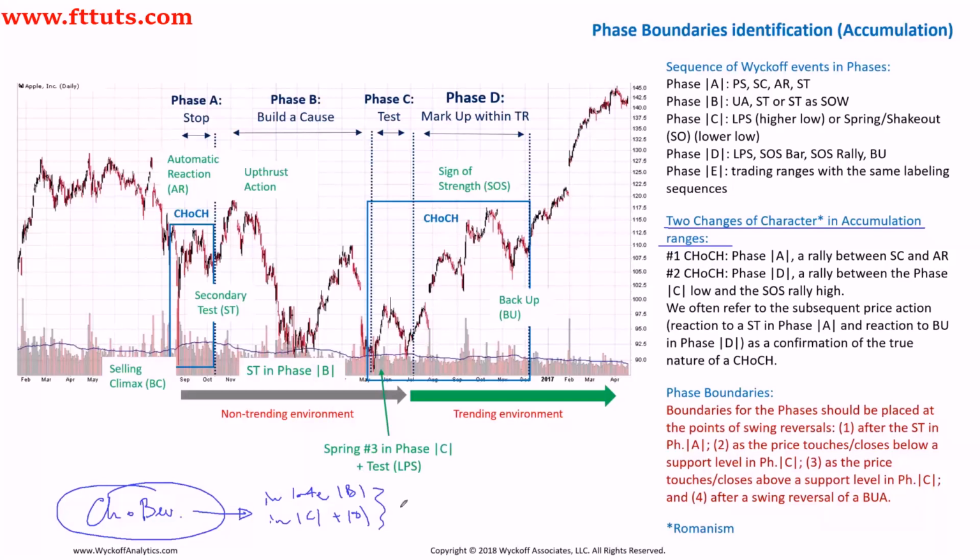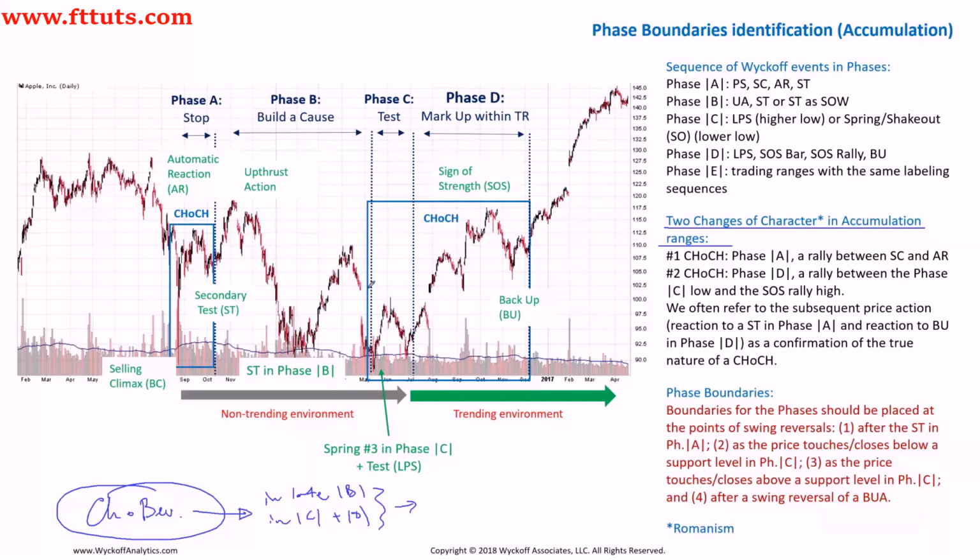And what Hank was talking about is a change in behavior, as behavior on the rally could become more bullish, and then behavior on the reactions at some point could become more bullish as well.